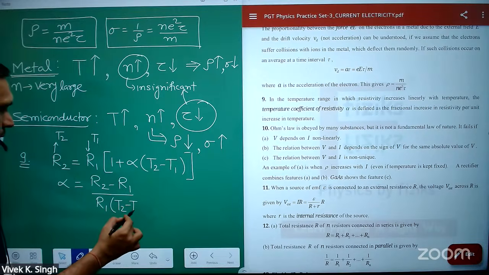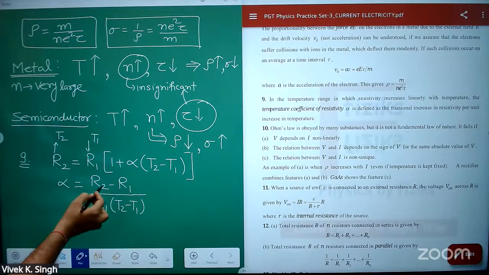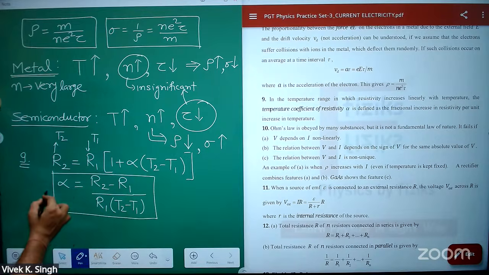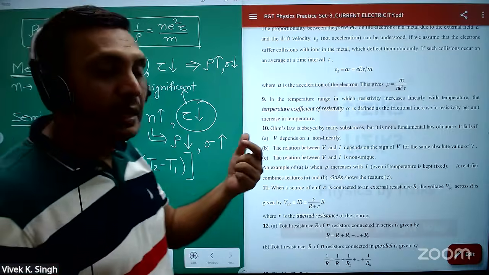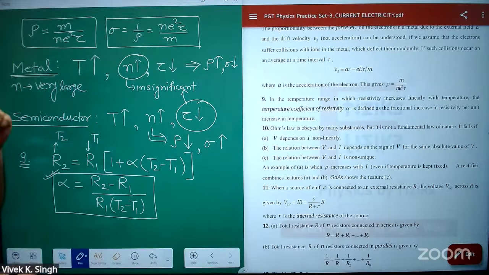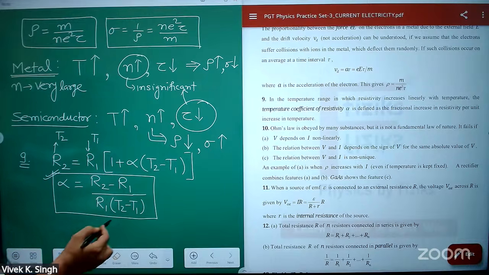So this relation you also have to remember, where alpha is the temperature coefficient of resistivity. As temperature increases, resistivity will increase, so alpha will be positive.